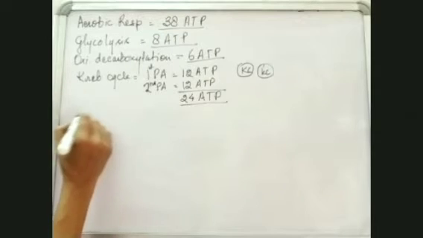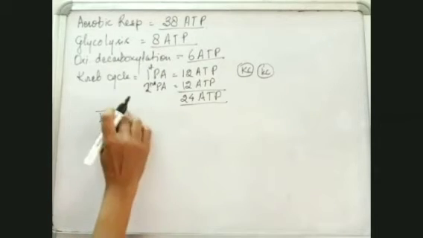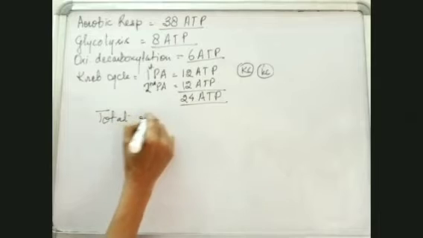So the net production: total ATPs produced are 38 ATPs.